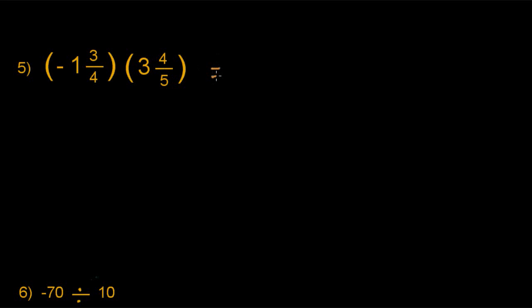So let's take the first one, and it'll still be negative, of course, and then 1 times 4 is 4 plus 3 is 7, so we put the 7 up in the numerator, and the denominator stays 4. We don't make a change with that. And for the second factor, let's rewrite that. 3 times 5 is 15 plus 4 is 19, and still 5 for the denominator.